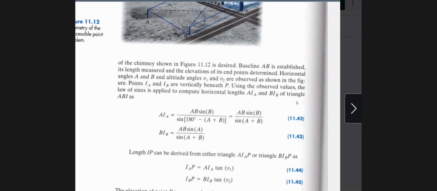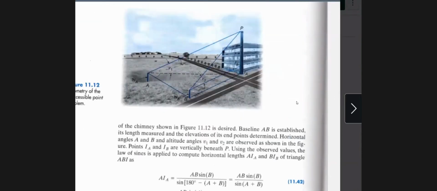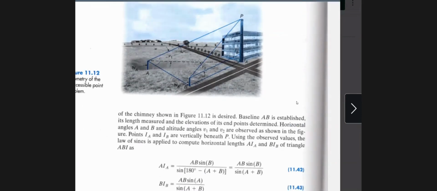Okay. Vertically, in order to calculate the top of the tower, we need three distances. One, and I already mentioned this, the elevation on the ground at point E and F, and the height of the instrument above the ground on the tripod at points E and F. So knowing that, in order to get the distance at the tower from I sub A at the bottom to the top of point P and I sub B at the bottom to the top of point P, you just take the vertical angle that you measured.